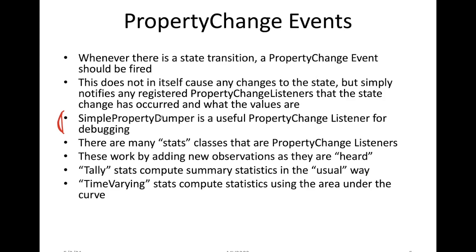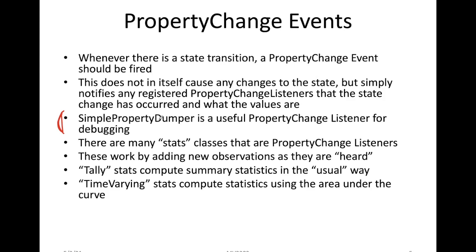So what this allows is debugging without invasiveness. So in other words, if you're developing a model and you think it's working, and I want to do a production run, then I comment out the property change listener.